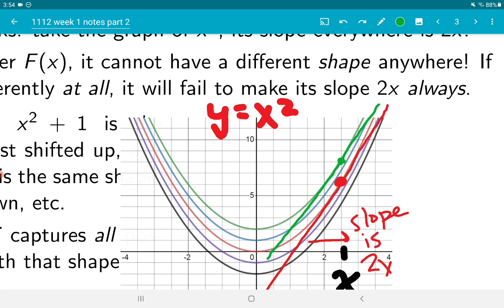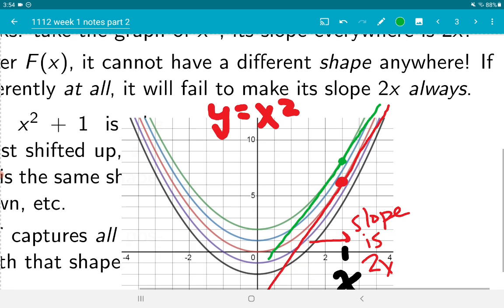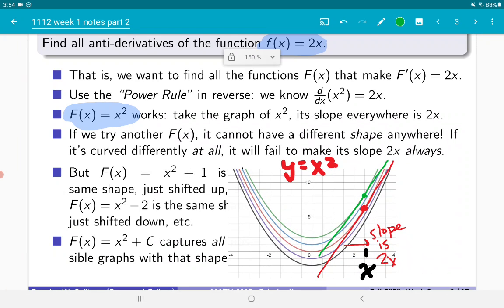It's just happening a little bit higher up, so it's a slightly different y-coordinate, but I haven't changed the x-coordinate at all. And so one way to think about this is F of x equals x squared plus c. It captures not just the one curve that obeys this property, but all of them that have this particular shape. It captures all possible graphs with that shape.